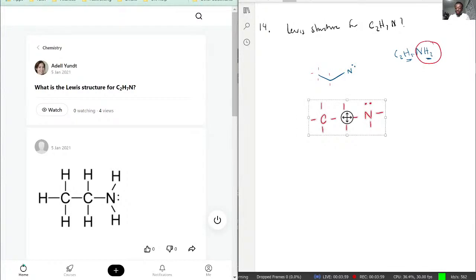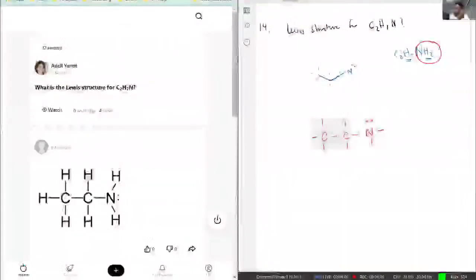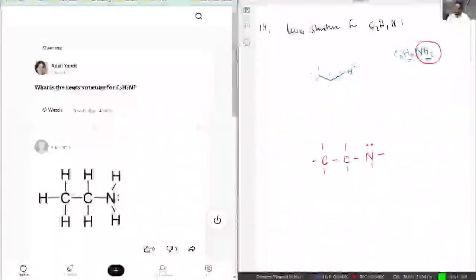Let me move this down a little bit if it would let me. Doesn't look like it wants to. There we go. Moved a lot more down than I expected. Nonetheless, we have it there now, with the H, H, H, H, H, H, H. This is what we're working with here.